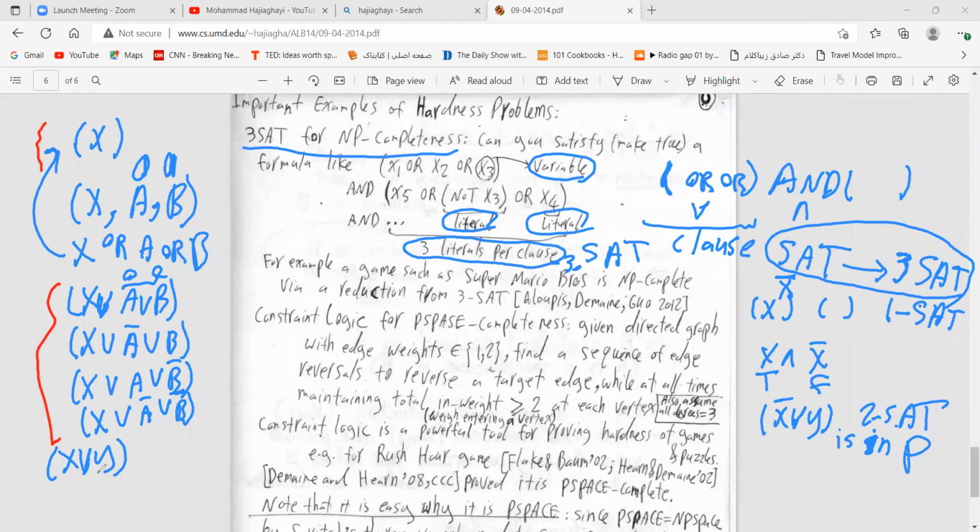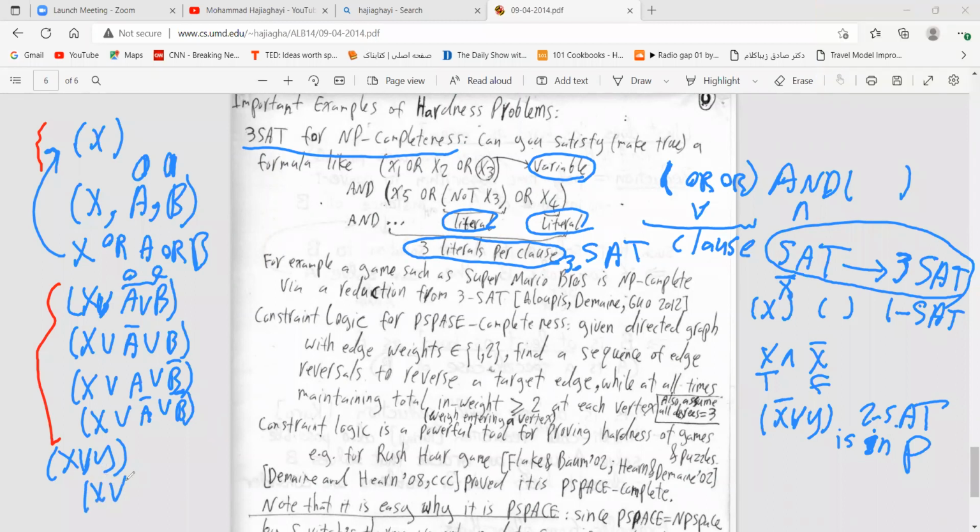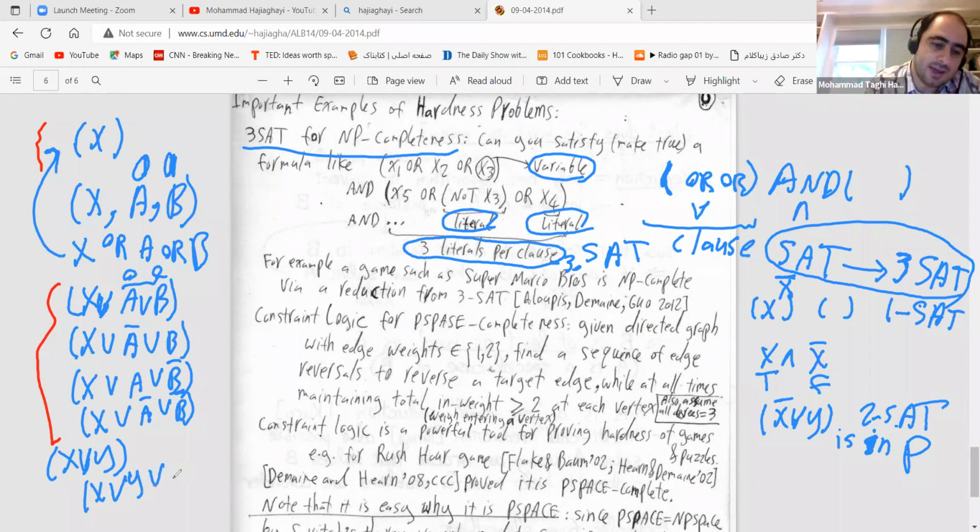It seems like we can add another variable. Yeah. Do something similar. Yeah, exactly. So we can do a similar thing. We can have x, y, and then a here, and then x, y, and a bar here.